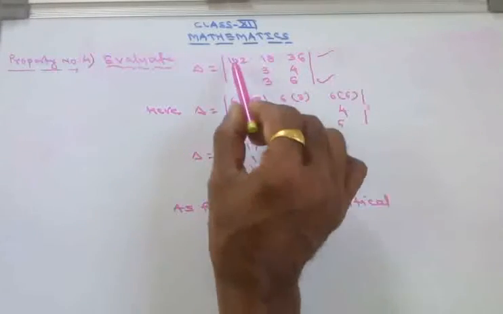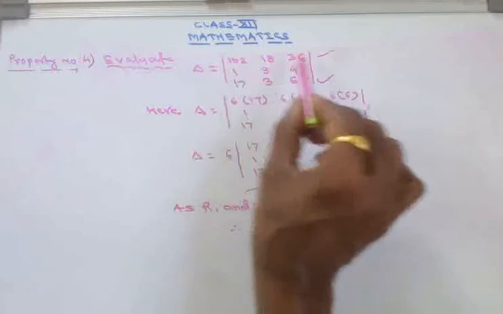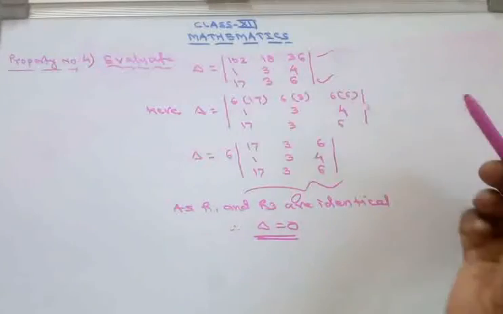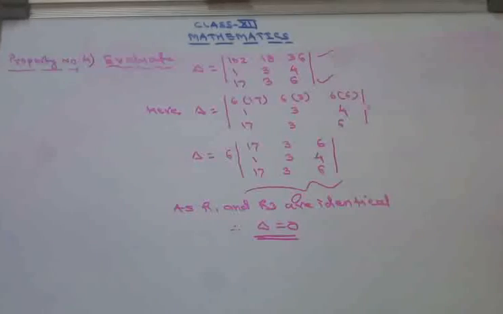Here R1 is proportional to R3, therefore the value of this determinant is 0. Thank you.